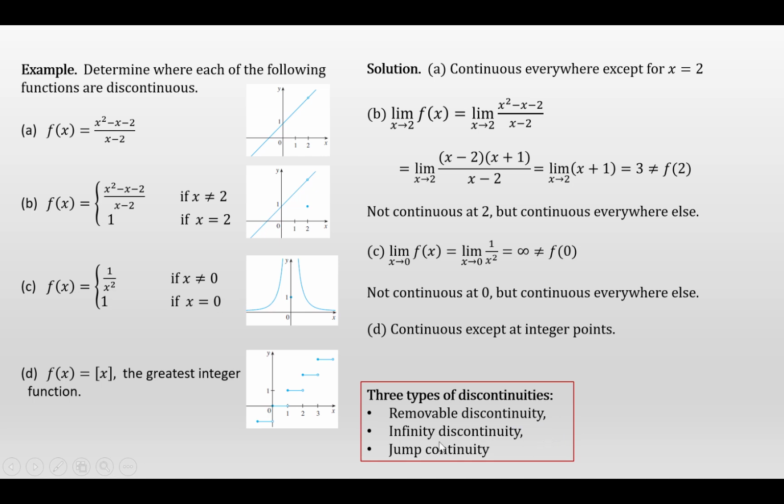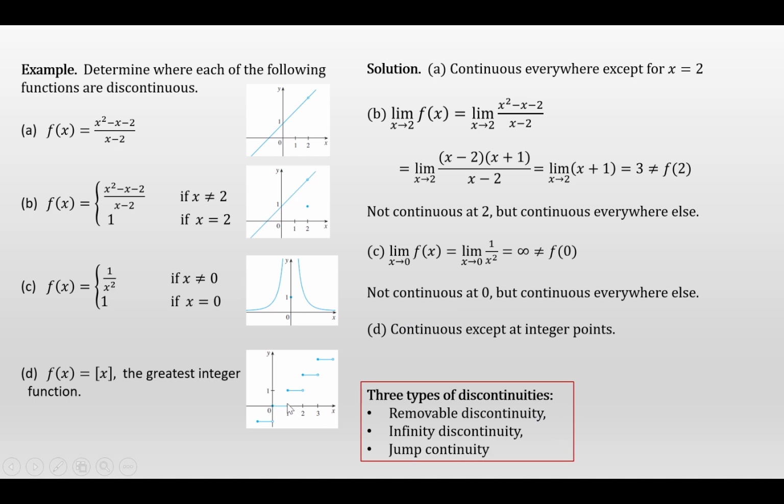And then infinite discontinuity. Those are the ones for which the limit becomes infinite. It might be positive infinity or negative infinity, or might be positive infinity from one side and negative infinity from the other side. These are called infinite discontinuities. And then there's a jump discontinuity.